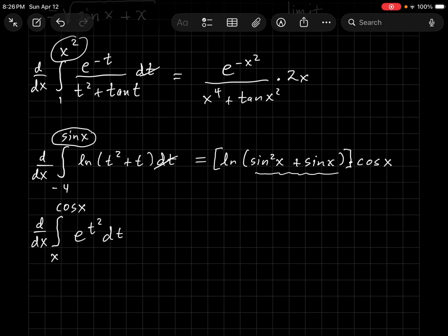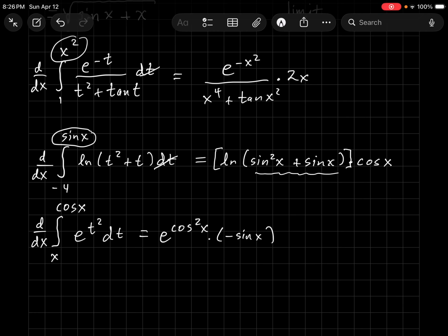The answer lies in the theory that we did above, but I'm going to put the answer, and you tell me if this is what you thought you should do. Will the derivative and integral cancel? I'm going to plug in cosine of x for every t. I'm going to chain out that upper limit.